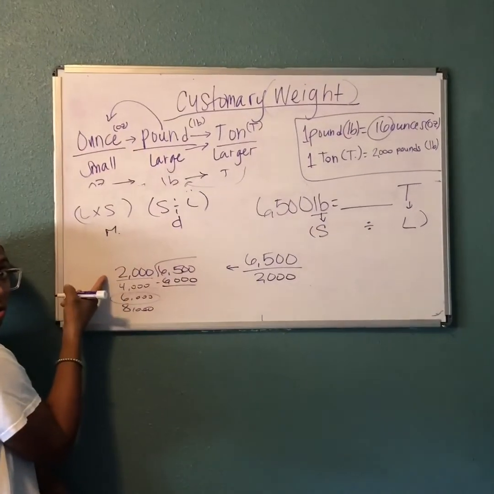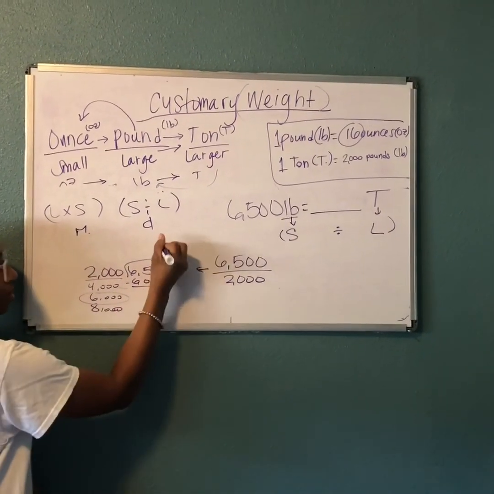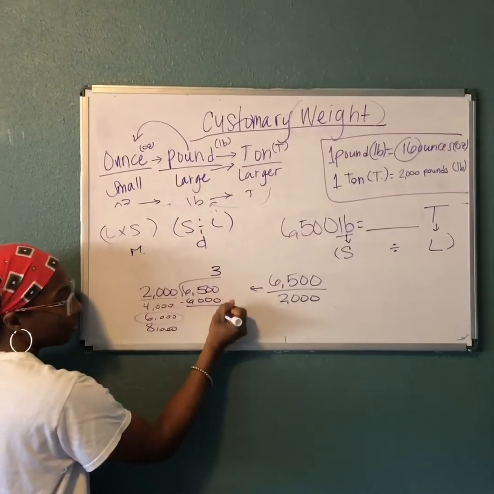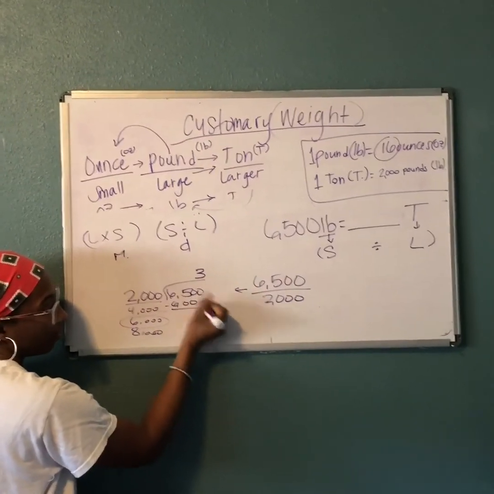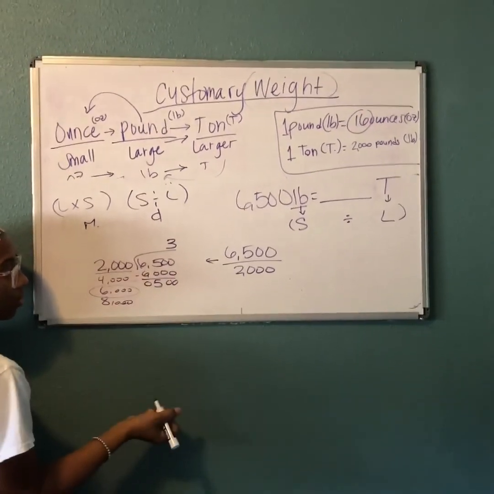2,000 goes into 6,500 3 times. So let's subtract. 0, 0. 5 take away 0 is 5. 6 take away 6 is 0.